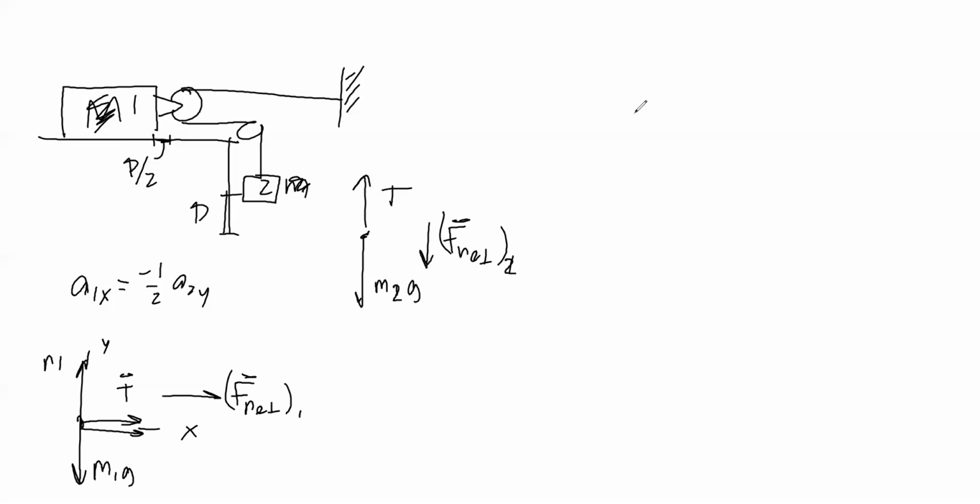And so if I sum the forces, I'm going to have 3 equations, not nearly as difficult as some of the other examples: 1x, 1y, which doesn't matter, and then 2y.